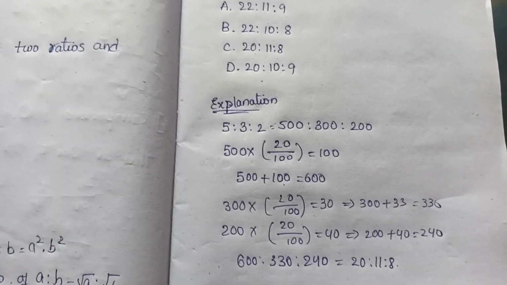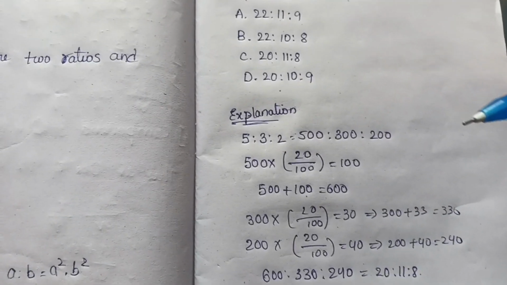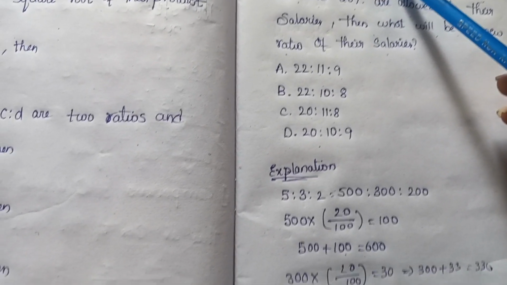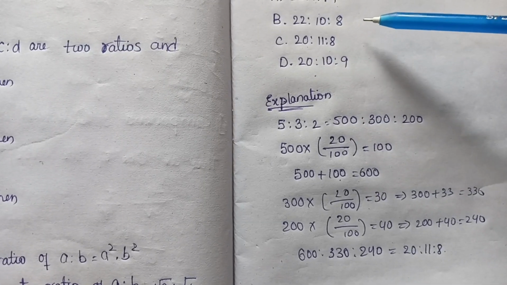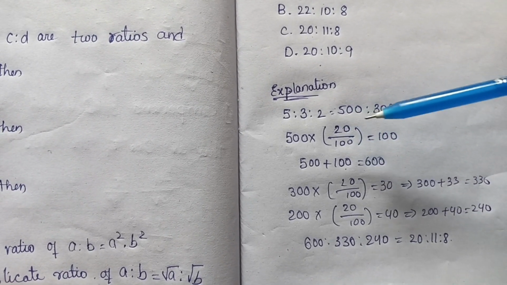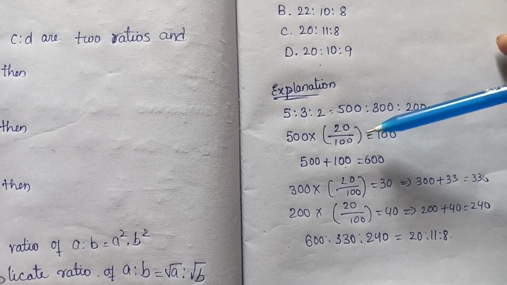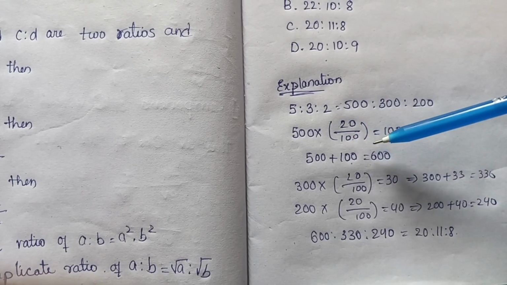So the next step is to calculate the increment of each person. Salary of A is 500. The increment is 20%, and 20% of 500 is 5 into 20 by 100 equal to 100. The new salary of A is 500 plus 100 equal to 600.